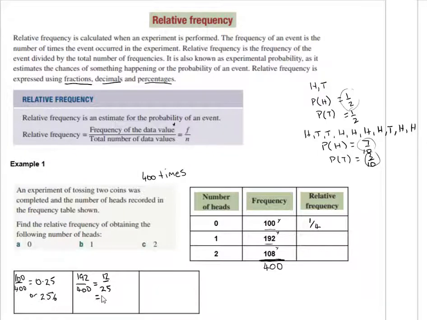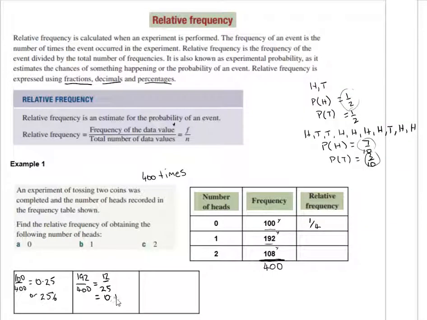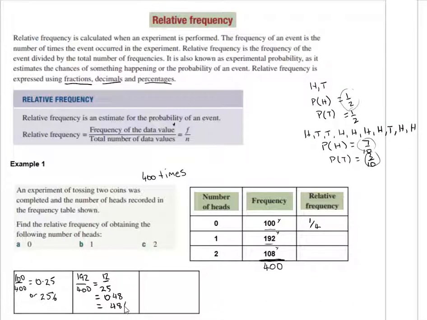Now, as a decimal, we hit the S-D button, and it's 0.48. And to change it to a percent, we're just going to take that decimal on our calculator and times it by 100, which equals 48%. But over on our table here, we're just going to write it as the fraction, 12 out of 25.